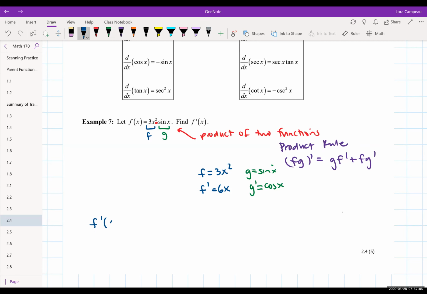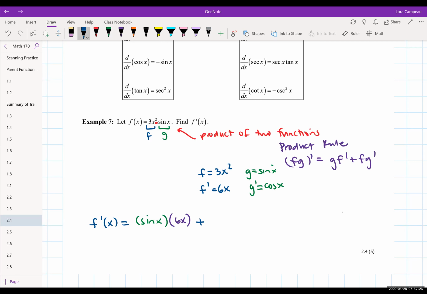Having those first intermediate calculations will help us out with our particular answer. So for the derivative of your function, we're going to utilize this product rule. Our g, that's our second function, sine x, gets multiplied by the derivative of the first, f prime, which in our case is 6x.